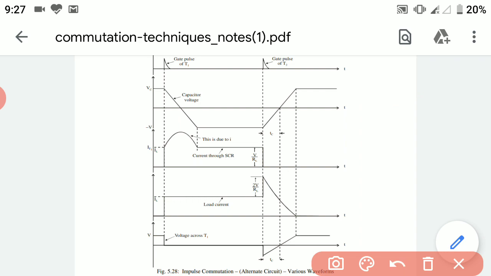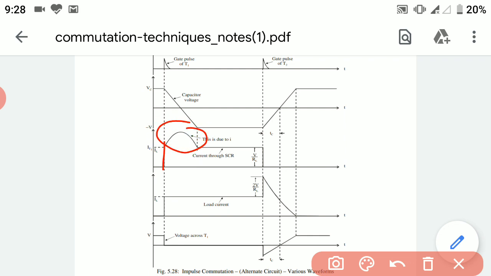Now we will see the waveform of current through the thyristor T1. This is the current waveform through thyristor T1. As we can see, thyristor T1 is turned on at this instant. A heavy current flows.